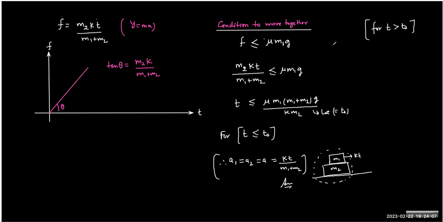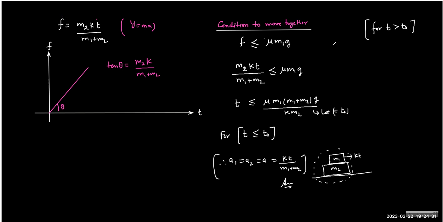The answer is no. Because if T is more than T naught, it means it will not fulfill the condition of moving together, which means the friction force cannot attain the value required for them to move together. And when this happens, they will definitely move separately.